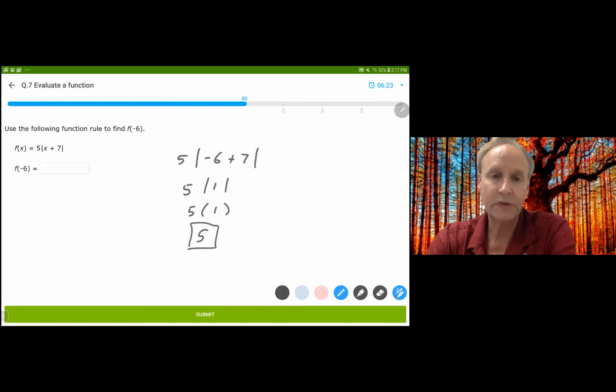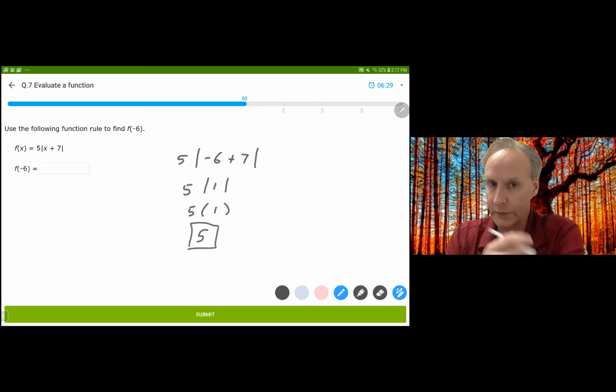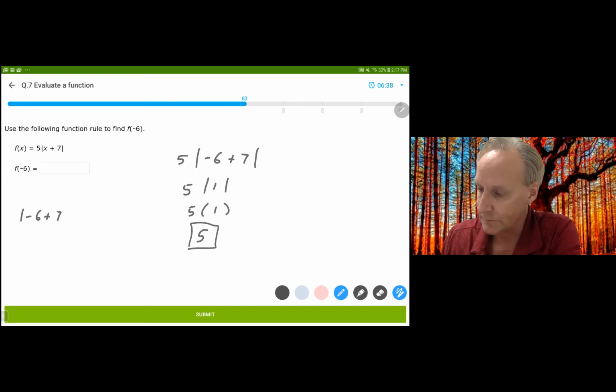A very common mistake for students to make is that they want to write this, and I don't know why students do this, but they love doing this. They'll write something like this: negative 6 plus 7 is equal to 1, which is equal to 1.